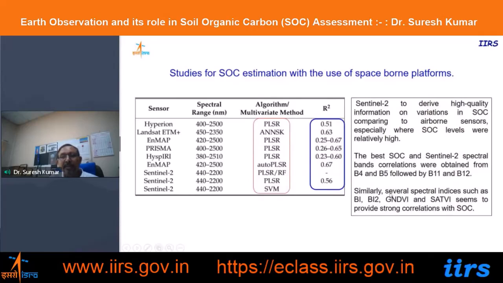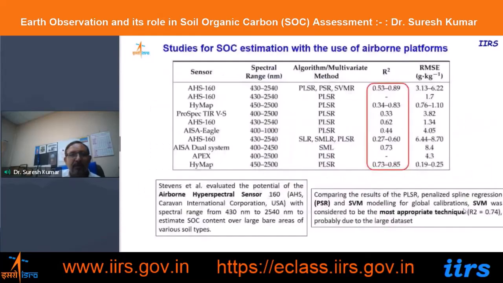Among them, they also noted that spectral indices such as brightness index, brightness index 2 or 1, global NDVI, and soil adjusted total vegetation index, SATVI, seem to provide strong correlations with SOC. So spectral indices derived from Sentinel remote sensing data, such as the bare soil index, can be used for the mapping of soil organic carbon.